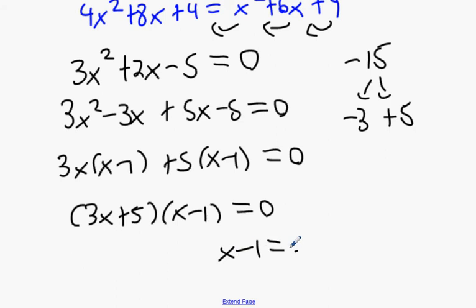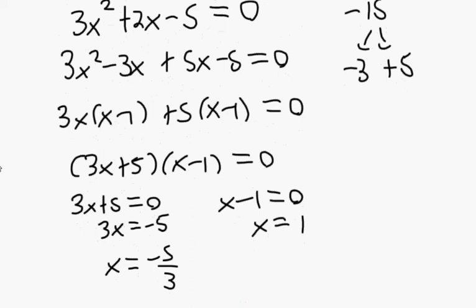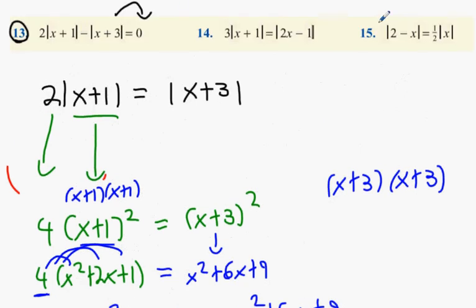X minus 1 does equal 0. X equals 1. 3x plus 5 equals 0. 3x equals minus 5. X equals minus 5 over 3. Yeah? Okay. I just had to keep going. You can get it later on, okay?